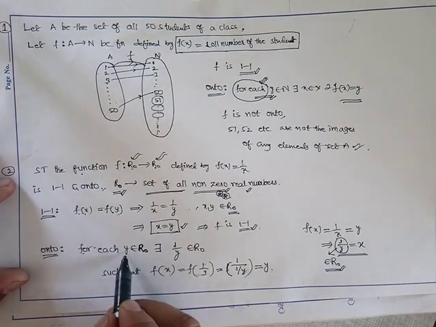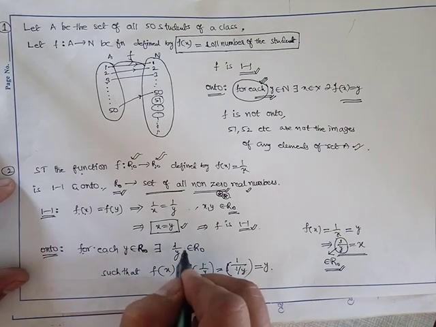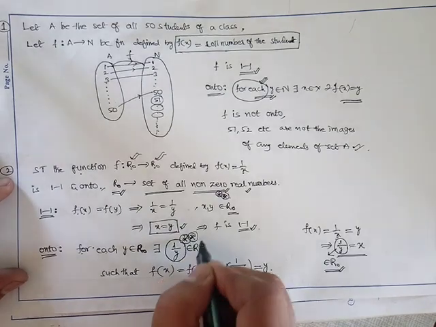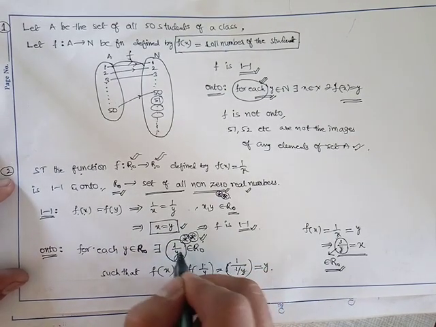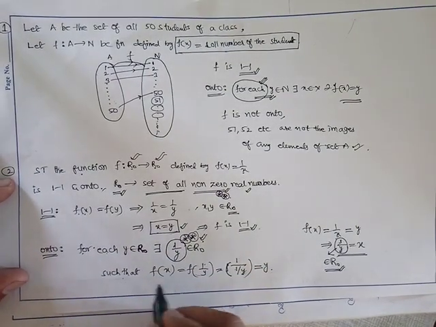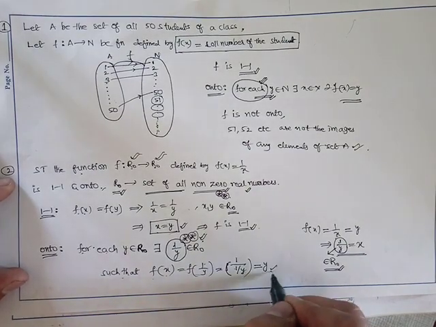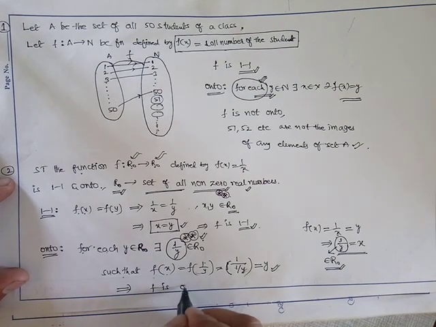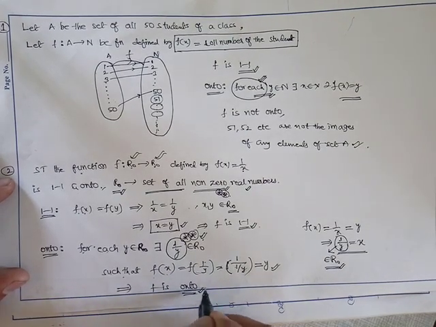Now for each y belongs to R naught, there exists 1 by y belongs to R naught. This is very important, such that f of x is equal to y. So this implies f is onto.